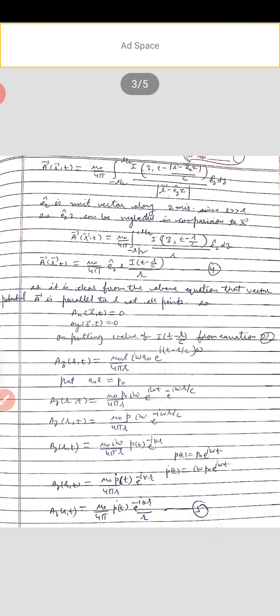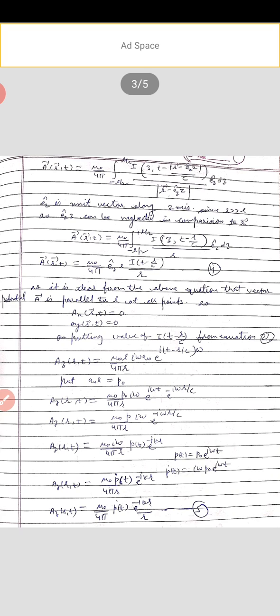Now in terms of z, we can write the vector potential A is equal to mu naught upon 4 pi, integration from minus L by 2 to plus L by 2, I(z, t minus modulus of r minus e z cap z divided by c) e z cap dz divided by modulus of r minus e z cap z, and e z cap is the unit vector along the z axis.